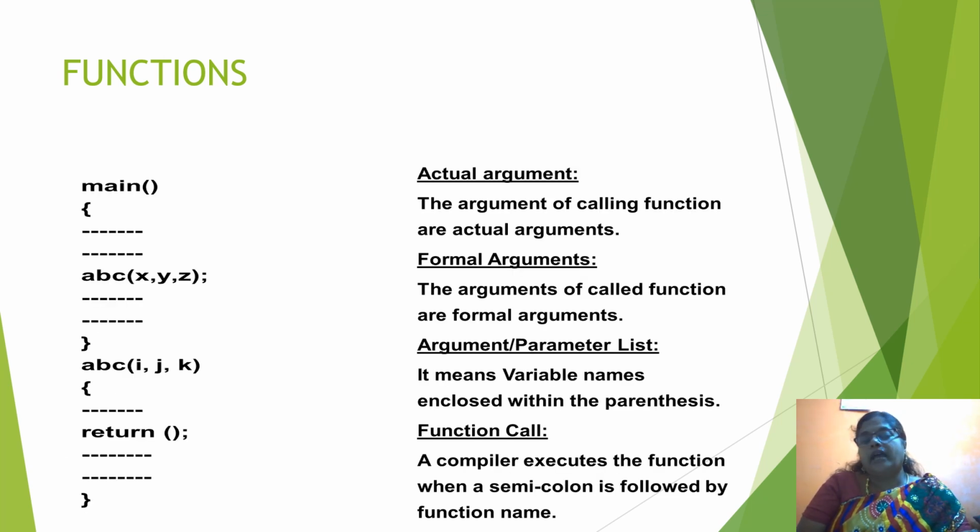Actual arguments are the arguments of the calling function. Formal arguments are the arguments of the called function. The argument or parameter list means variable names enclosed within the parentheses. Function call: the compiler executes the function when a semicolon follows the function name.